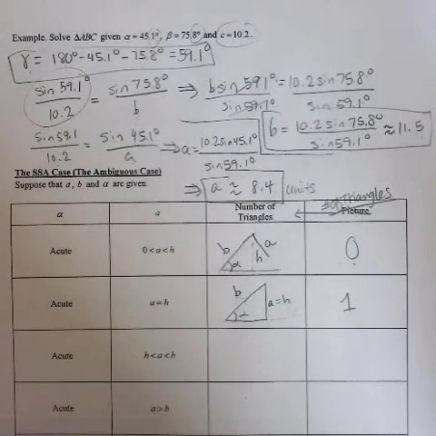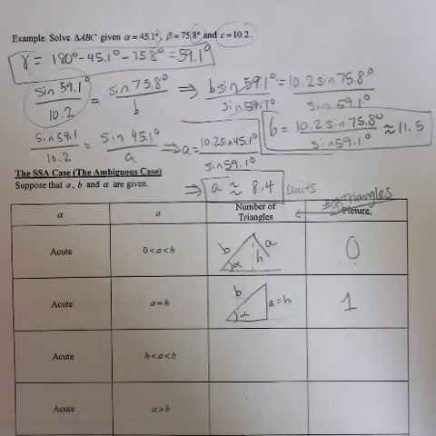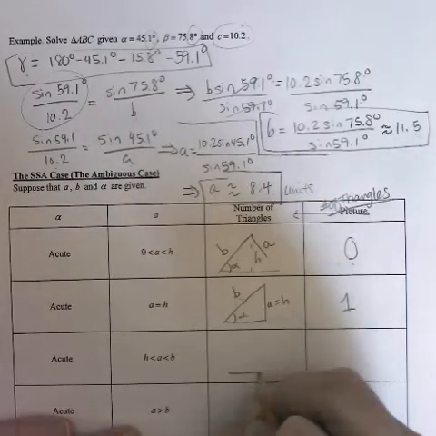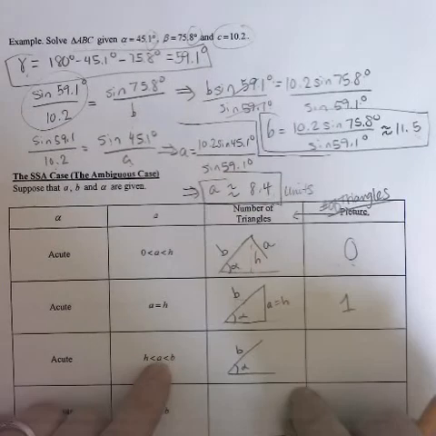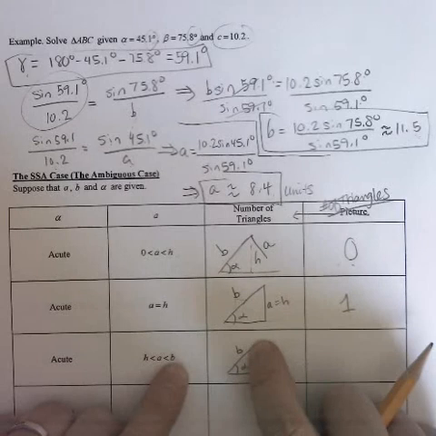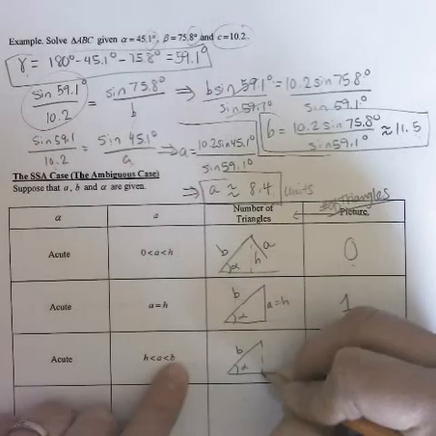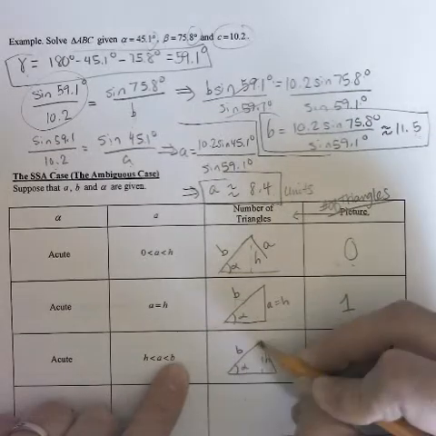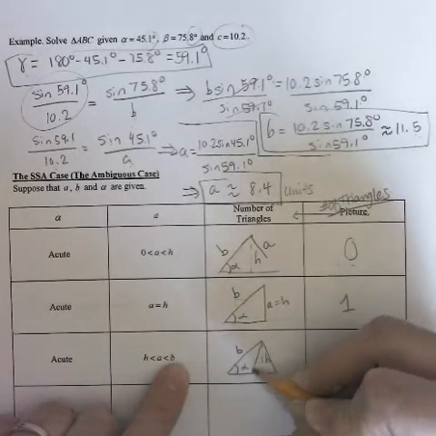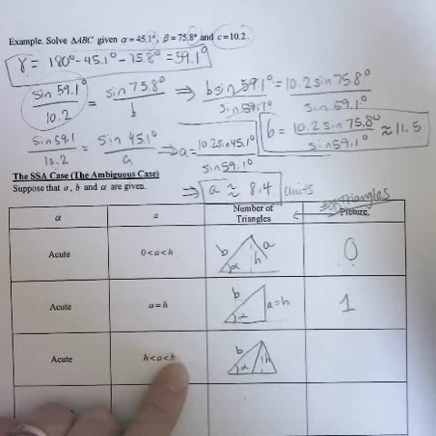All right, now here's another case. Alpha is still acute. This time, A is shorter than B, but longer than H. So here's H. So it's longer than this guy, but shorter than him. So what can happen is you can get, let's see, oh, here's a green pen.